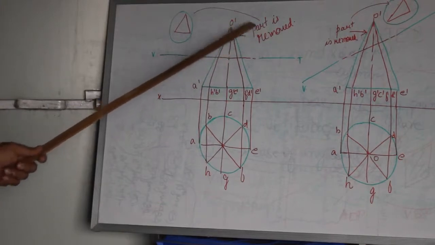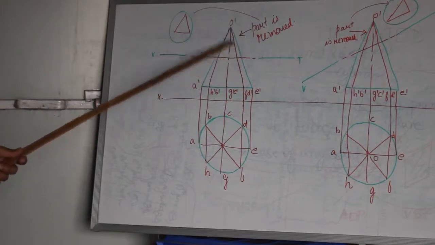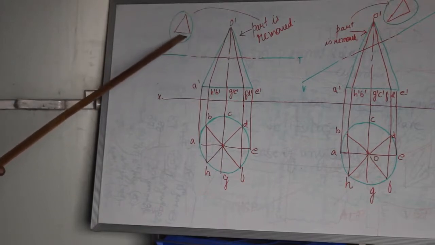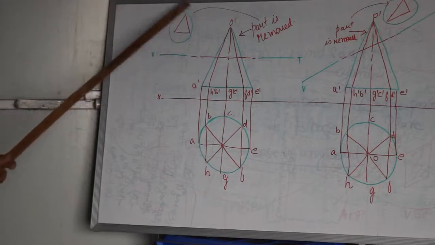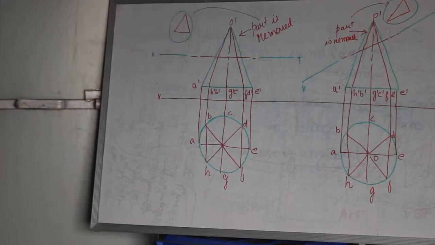This part of the solid is removed. When this part of the solid is removed, it looks like this. This much of the part which is shown in the small circle is being removed.